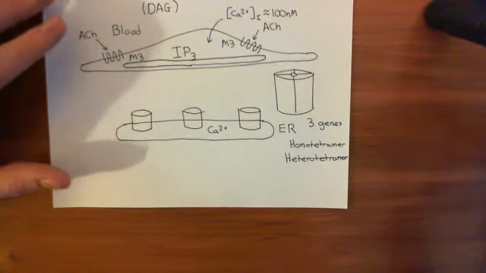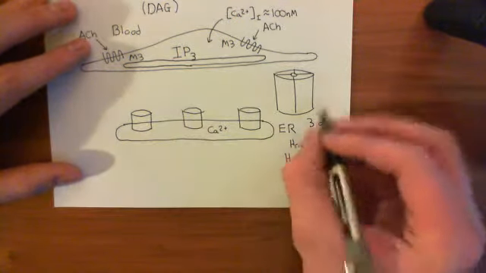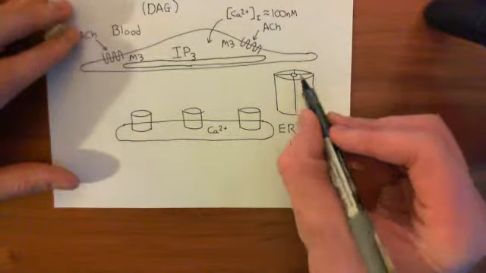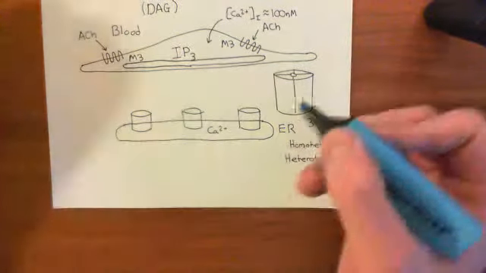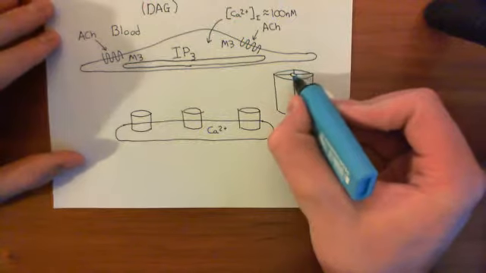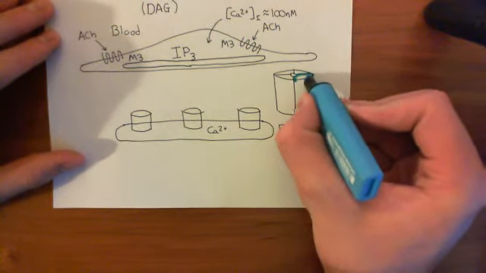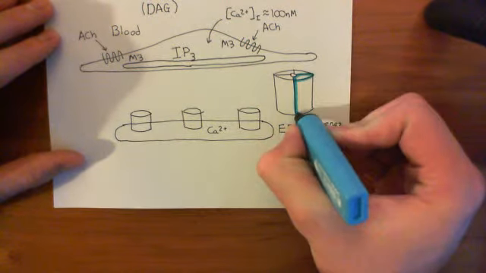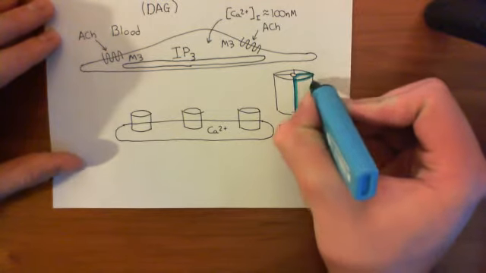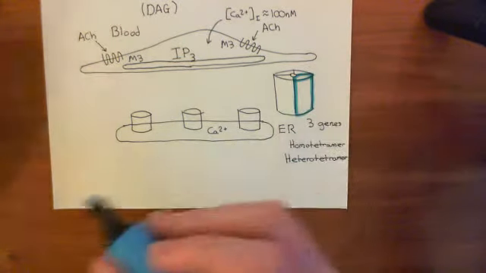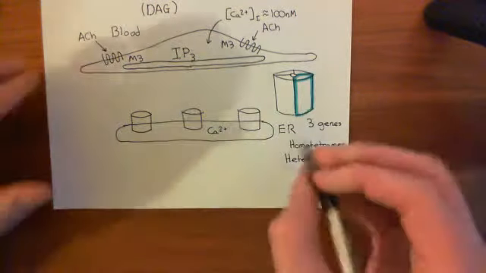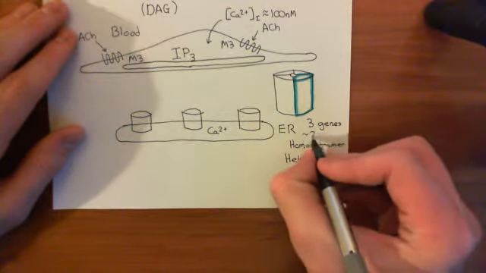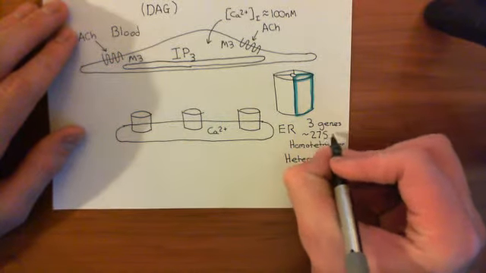Okay, last fun fact about the IP3 receptor is that each one of these subunits that makes up the IP3 receptor, and I'll highlight one here in blue, is massive. It's a massive great protein. It's around 2,750 amino acids.